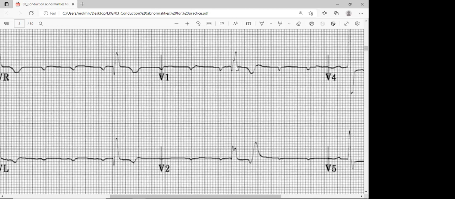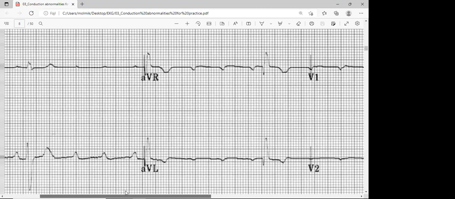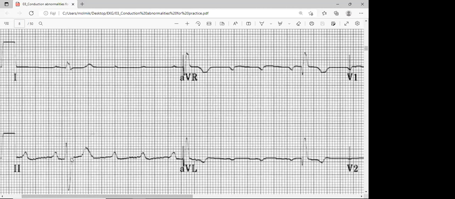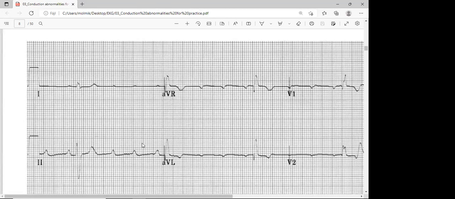It's wide, 1, 2, 3. It's 0.12. And in V1, you see this wide R complex. So that's a right bundle branch block. And you see this slurred or widening of the S wave on the left side. So that's a right bundle branch block. Look here, in lead number 2, this last part is longer. So that's a right bundle branch block.